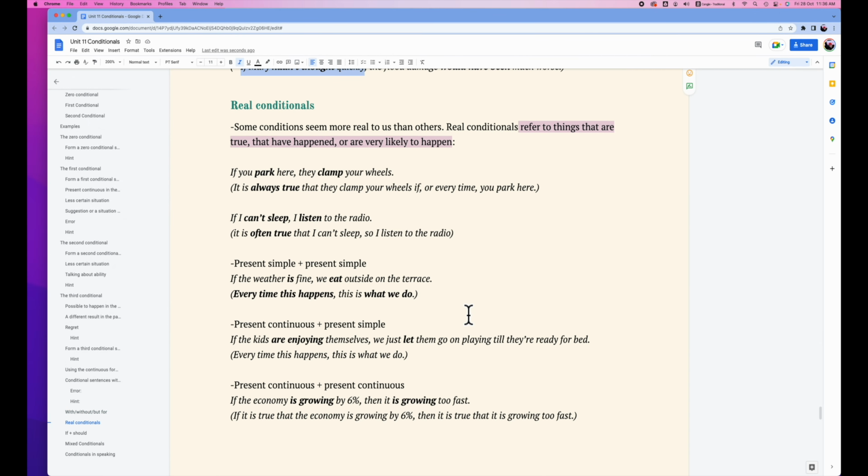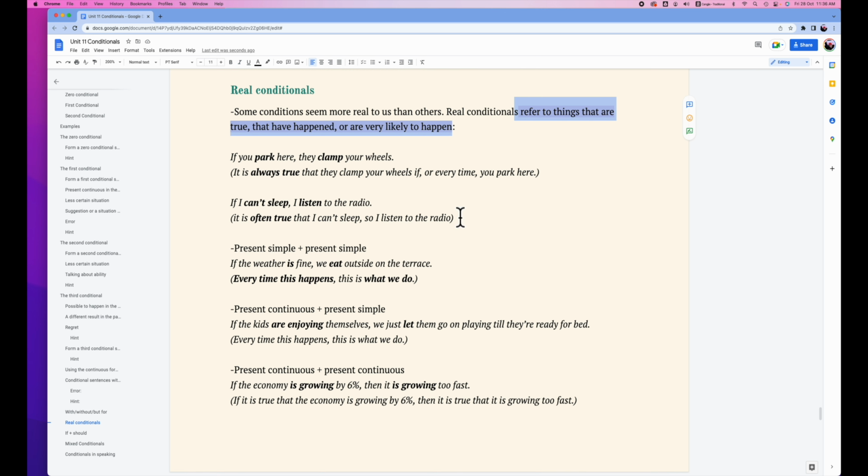That's quite straightforward. Then how about real conditionals? Actually, it is exactly the zero conditional, but now we illustrate more combinations of different time frames. Let's take a look. Real conditional is used when we are talking about things that are true, that have happened, or are very likely to happen.